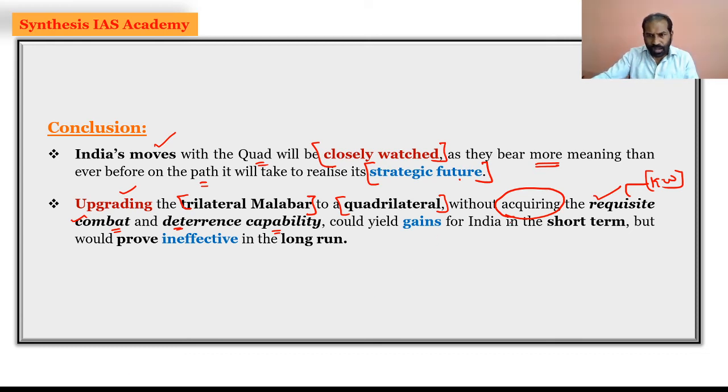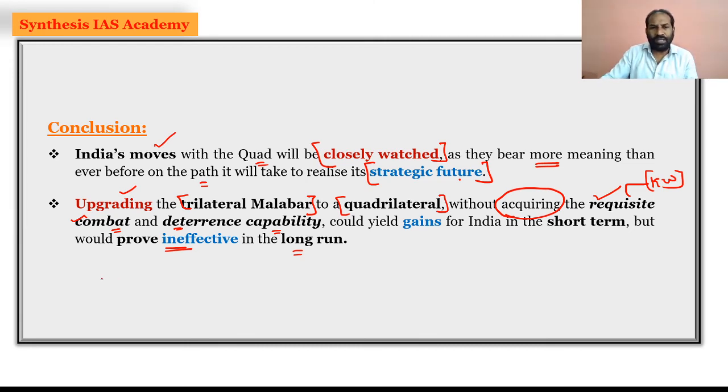But if it is proved otherwise, it would be proved ineffective in the long run. So what is required is we need to acquire requisite combat and deterrence capabilities to counter China effectively in the Indian Ocean and also in the Arabian Sea or Persian Gulf.